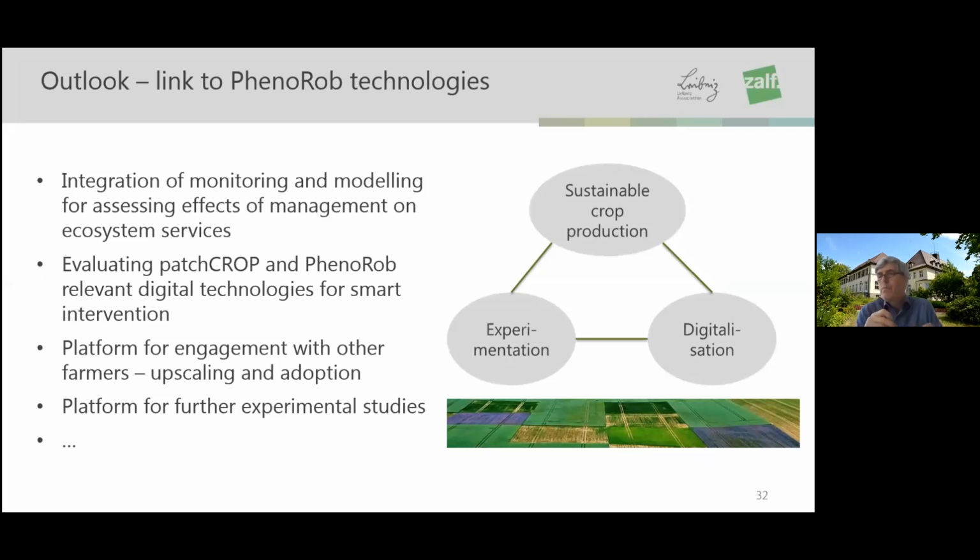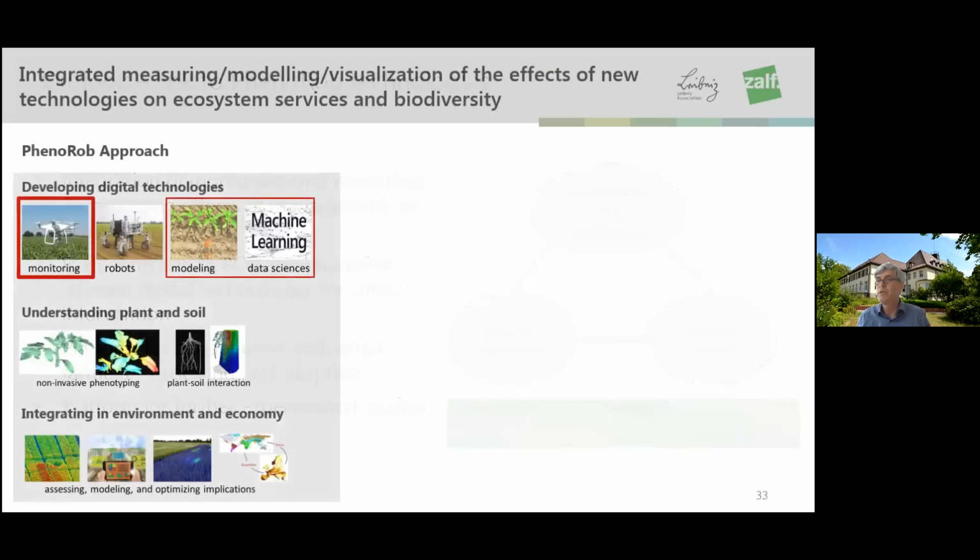We also see that as a platform for engagement with other farmers. Farmers in the area are already showing interest in these activities. That is important for the upscaling and also important for the adoption of anything we do there, also with respect to new technologies. And it is a platform for further experimental studies.